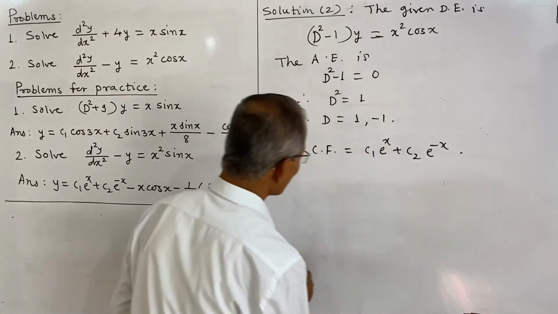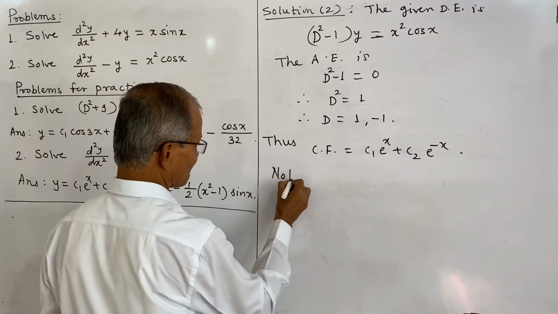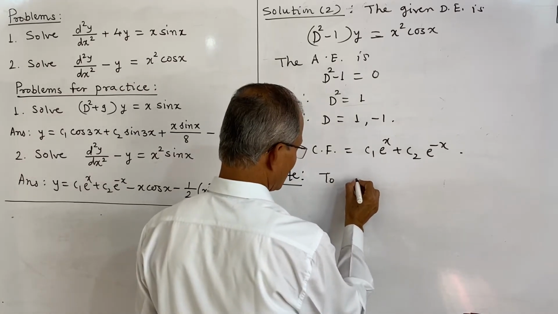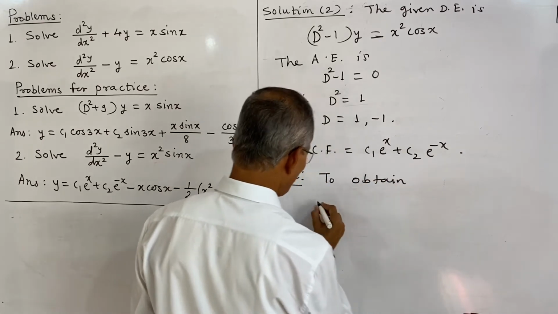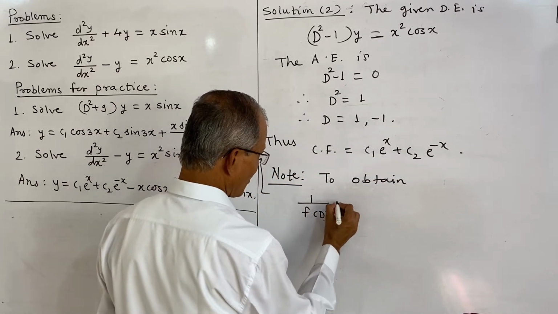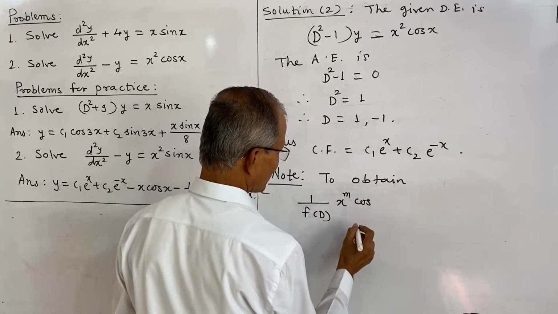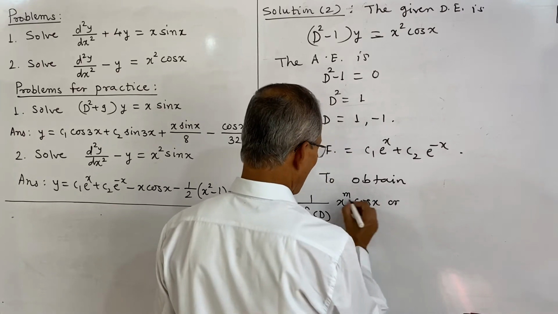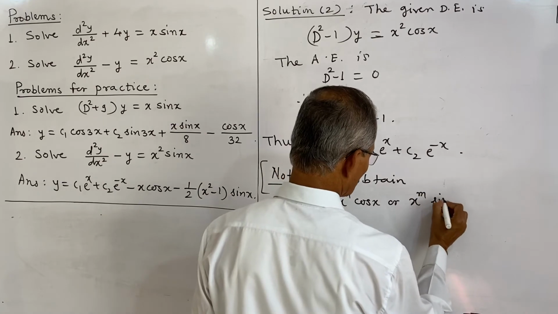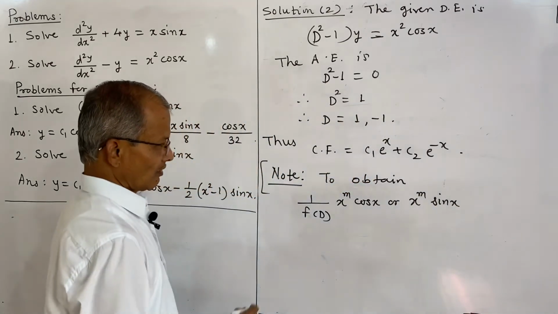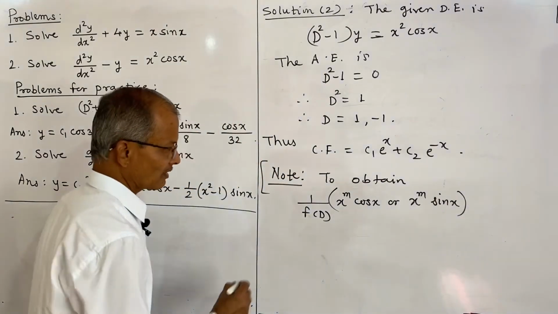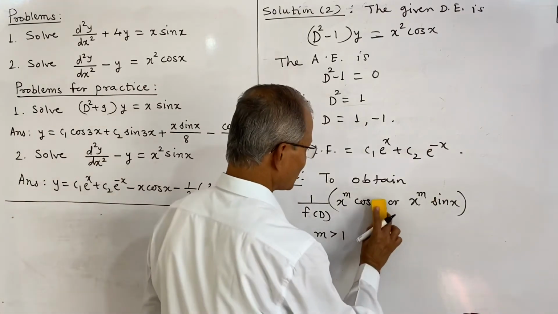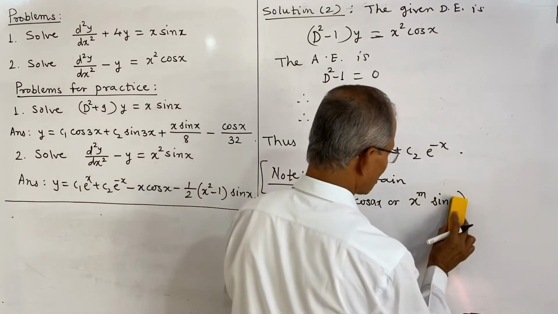So that method I shall write as a note here. To obtain 1 upon f of D of x power m cos ax, or x power m sin ax, where m is greater than 1, in general we can say cos ax and sin ax.